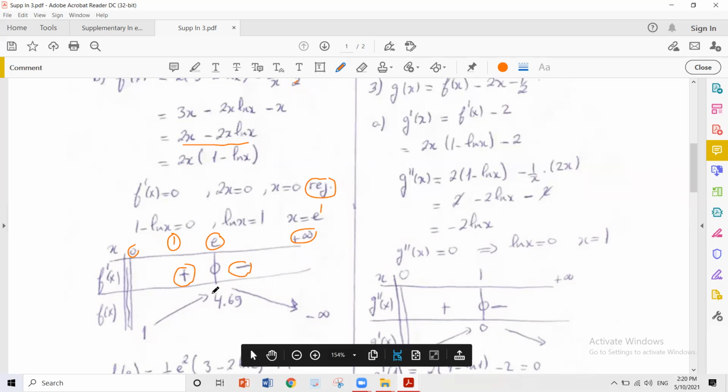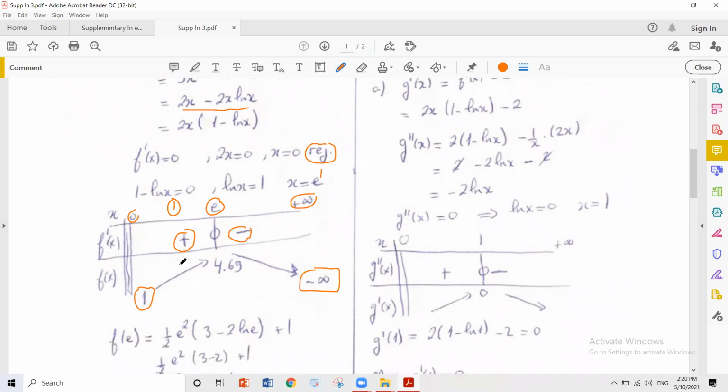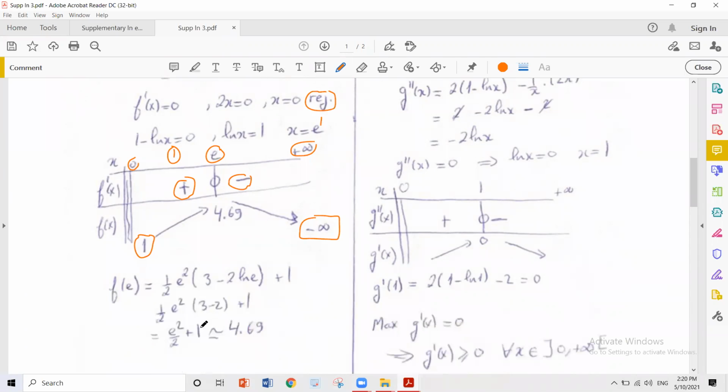Increasing, decreasing. At plus infinity, we get limit minus infinity, while at 0 we get 1. So f of e is 4.69.